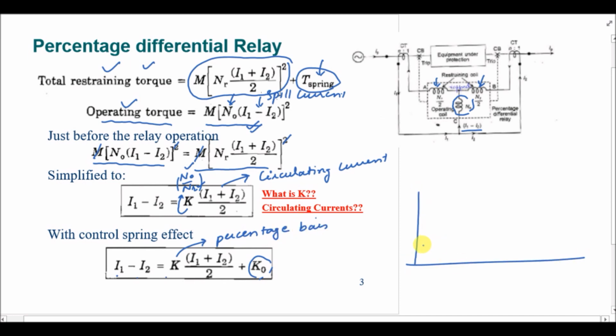We talked about the angle at which this line should be tilted, right, in order to avoid the false operation of the differential relay in case of large fault currents. So this is the spill current and this is the through fault current.